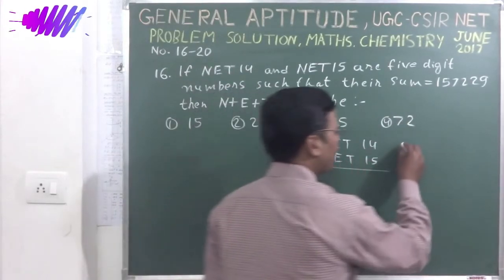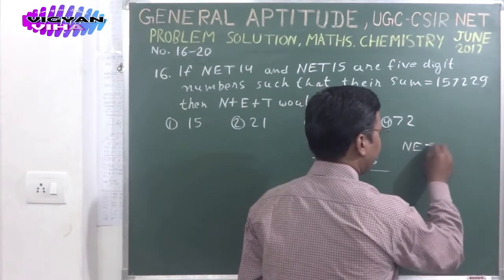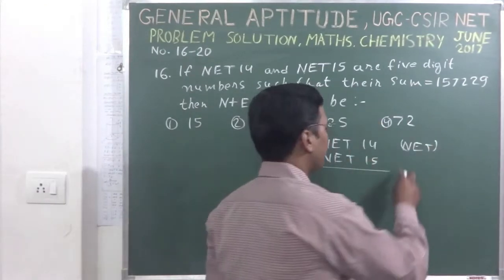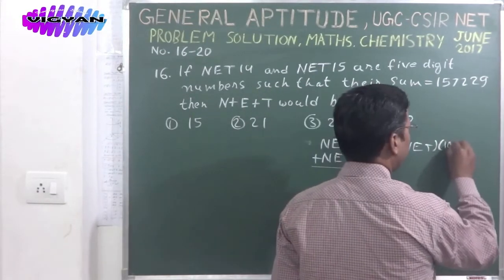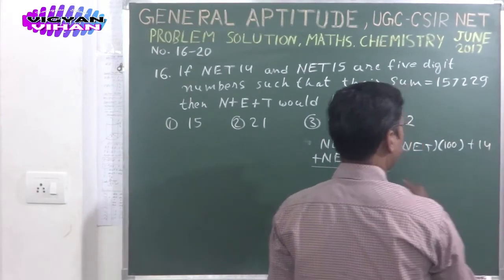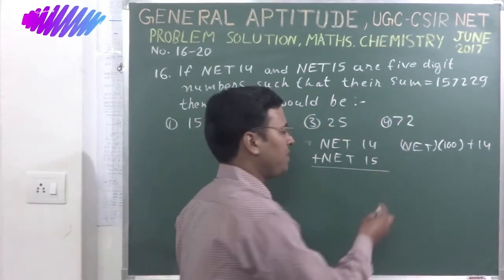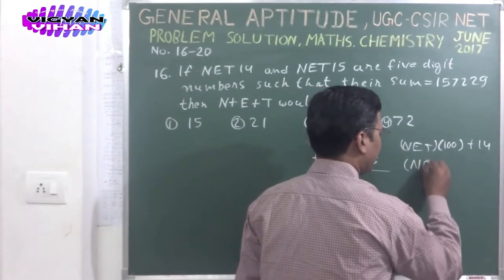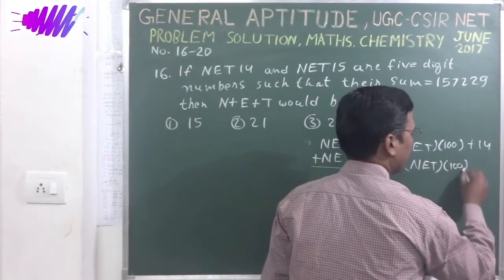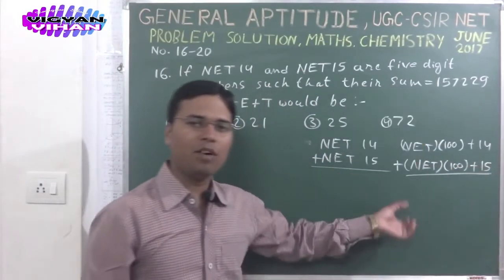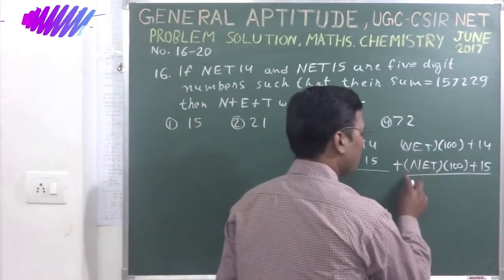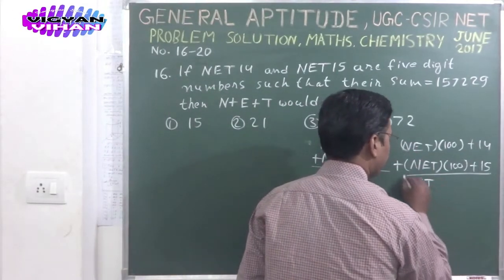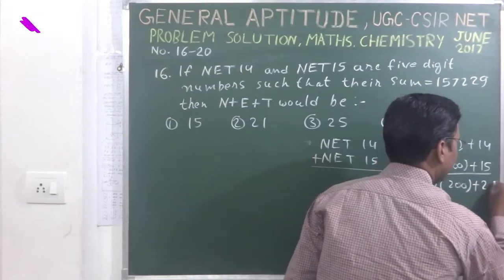Use the notation for NET: multiply this number with 100 plus 14, and for NET15 you can write NET times 100 plus 15. The sum of these two numbers would be NET times 200 plus 29.